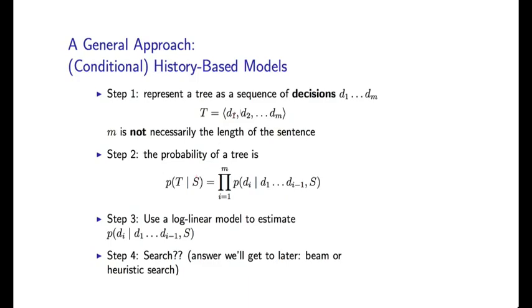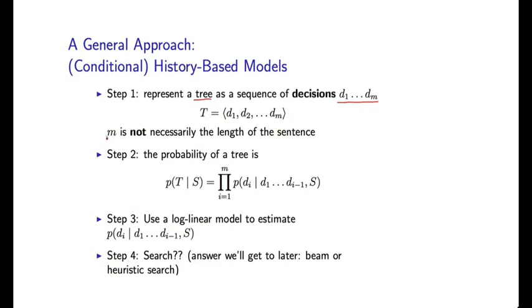The first one is going to be to take our structure, for example a parse tree, and represent it as a sequence of decisions, D1 through Dm. We'll see very soon that this sequence of decisions basically corresponds to us building the tree in some kind of bottom-up, left-to-right order over the input.